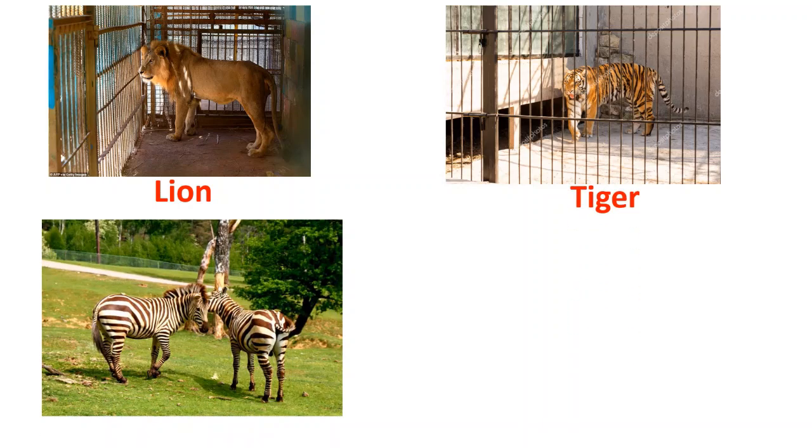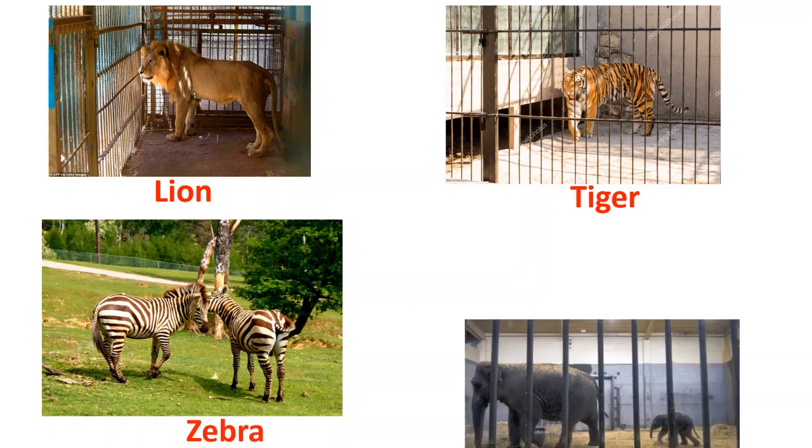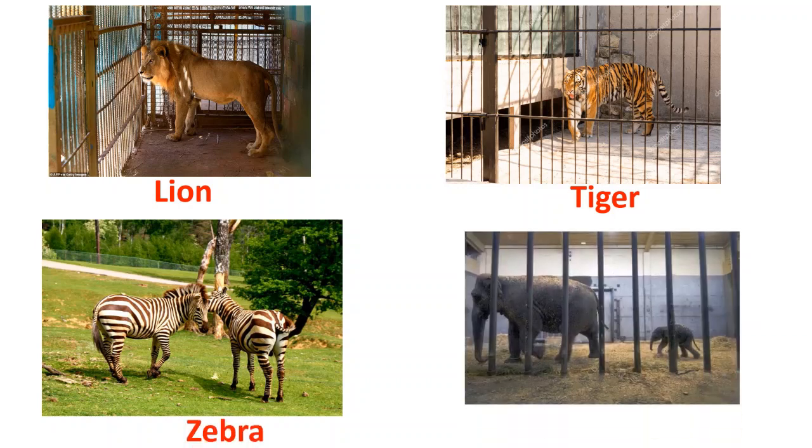What about this, children? Yes, zebra. And this one? Yes, elephant. What about this animal, children? Yes, horse. Now, which animal is this? Yes, snake. Next.